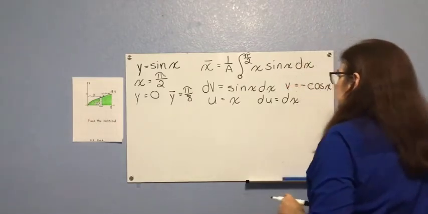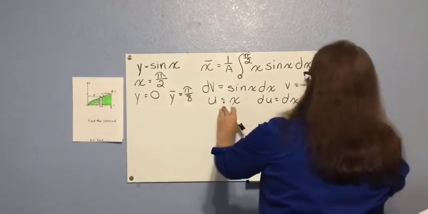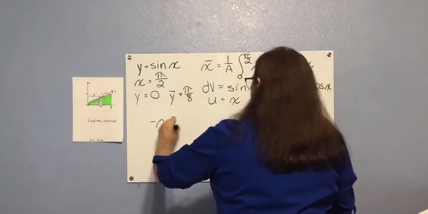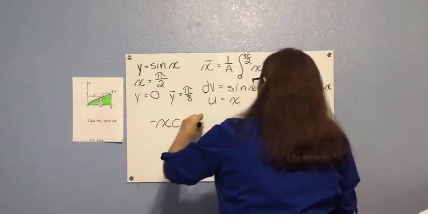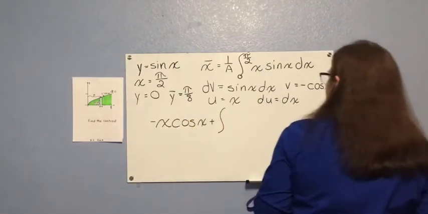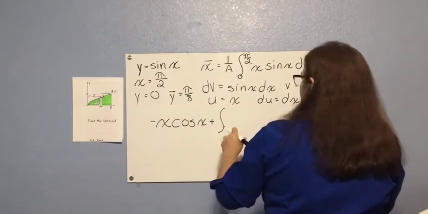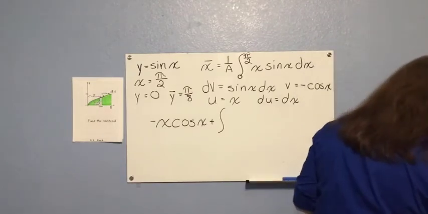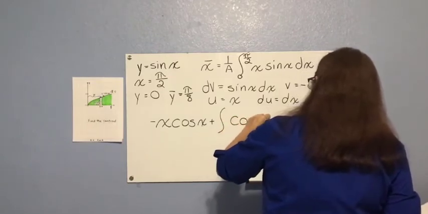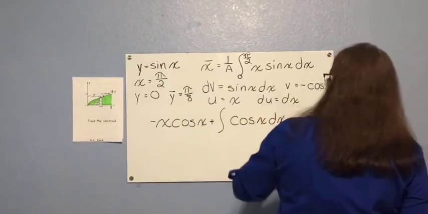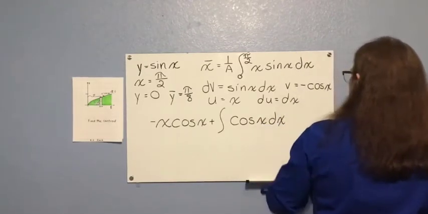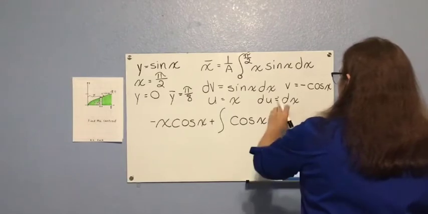Okay, now I can use the integration by parts formula. U times v is going to be negative x cosine x plus the integral of cosine x dx, that would be my v du.